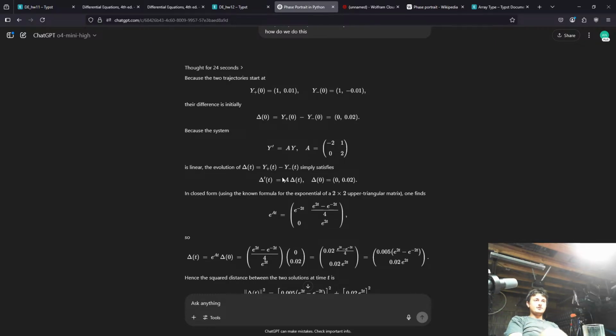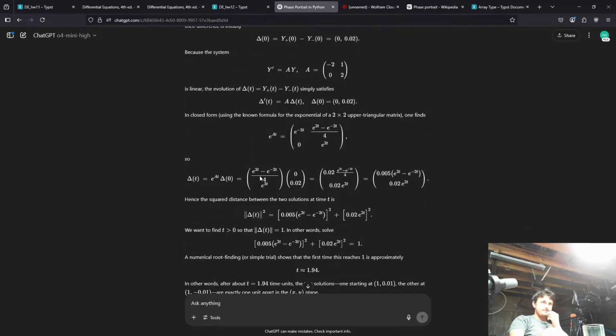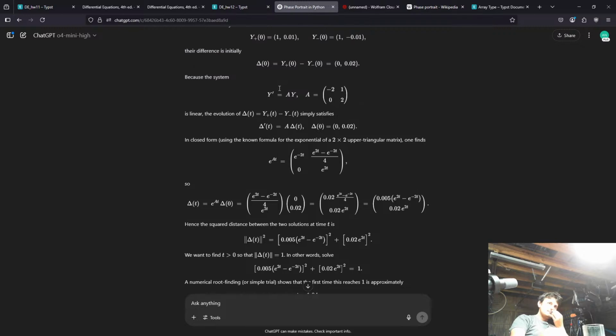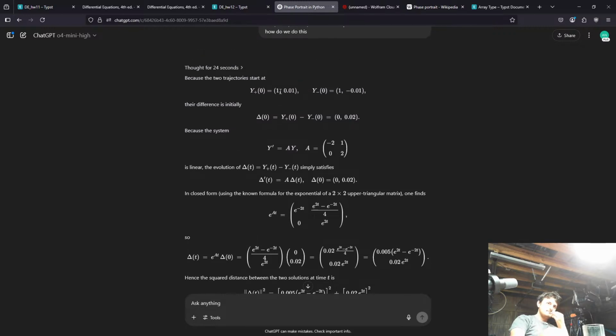The known formula for the matrix exponential of a 2 by 2 upper triangular? That's crazy, bro. Yo, this is so sick.